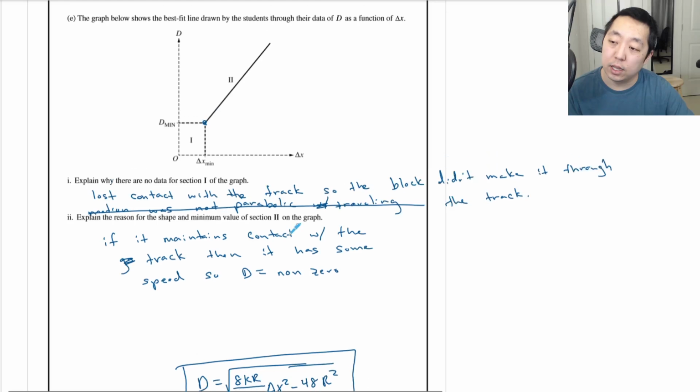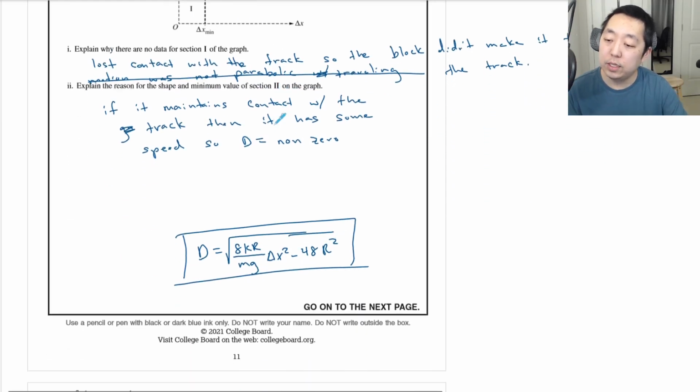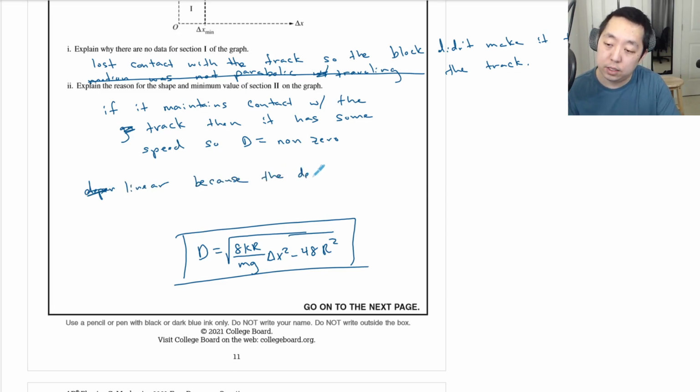Now, why does it look like a line? Even though this is not a linear equation in delta x, you could say the dependency is linear, because the dependency on delta x is on the square root of delta x squared, which is delta x, a linear relationship.